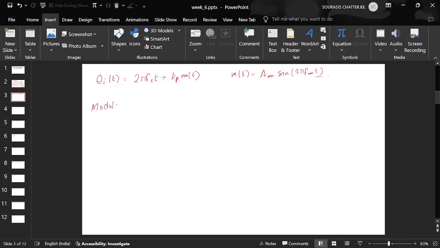So modulation index has this following expression. If I denote it by beta, it is del f by fm, where del f is the maximum frequency deviation that is caused by the message signal.